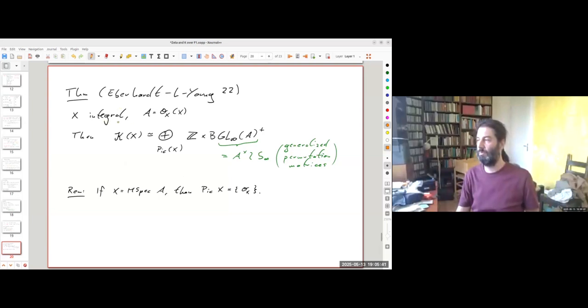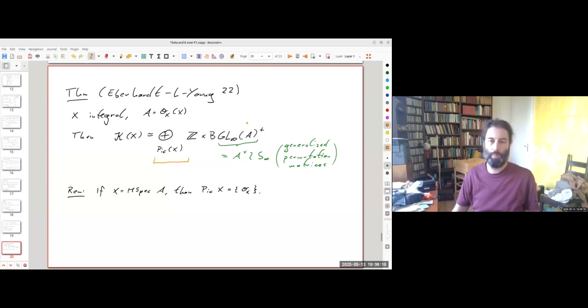If X is integral and A are the global sections of X, so if X is affine, X would be the M-spec of A, but if X is not affine, A is something else, then the K-theory spectrum can be expressed in terms of GL infinity of A. So more precisely, it's a direct sum.